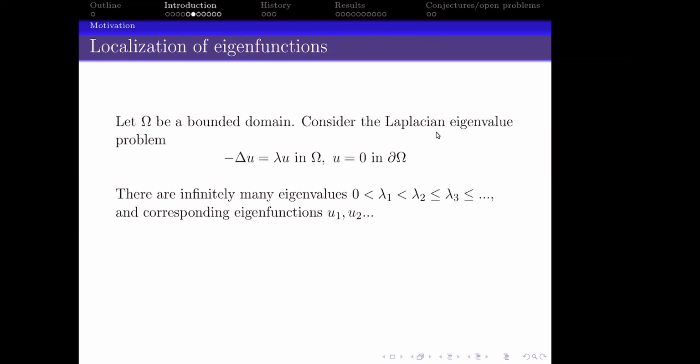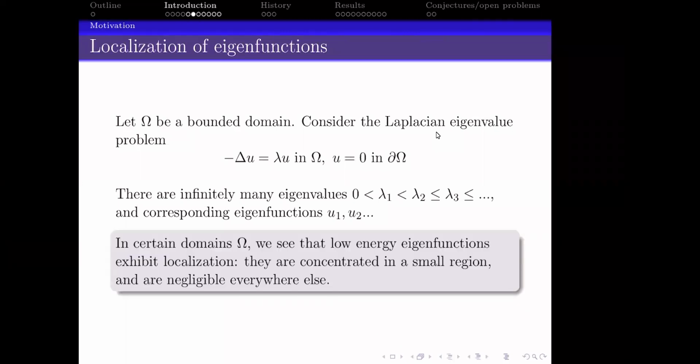Whenever I say low energy eigenfunctions, I mean the ones corresponding to the lower eigenvalues. Let's say phi 1 is an eigenfunction corresponding to lambda 1; I call phi 1 low energy. High energy are the ones where lambda n is very large. Small n I refer to as low energy eigenfunctions.